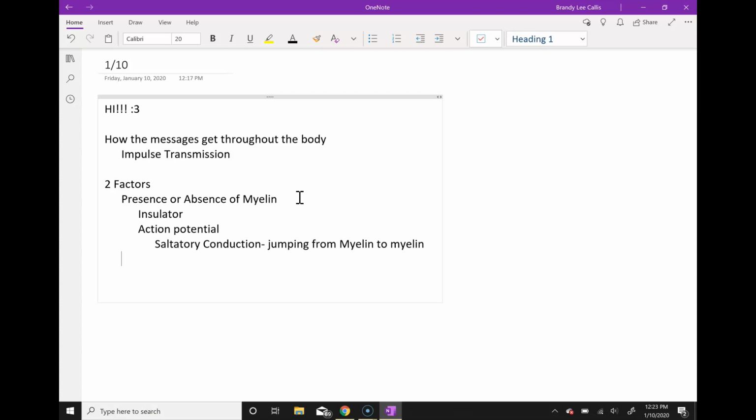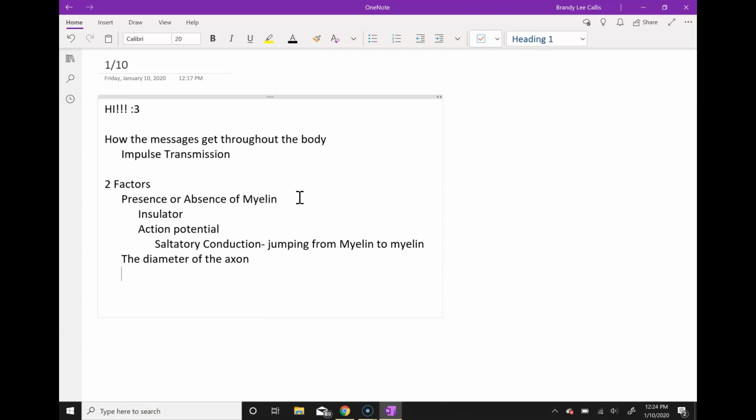Now the other factor, and this also helps with saltatory conduction, well actually inhibits it, sorry, is the diameter of the axon in the beginning. It is the other factor on how fast or how slow the message can go across it.